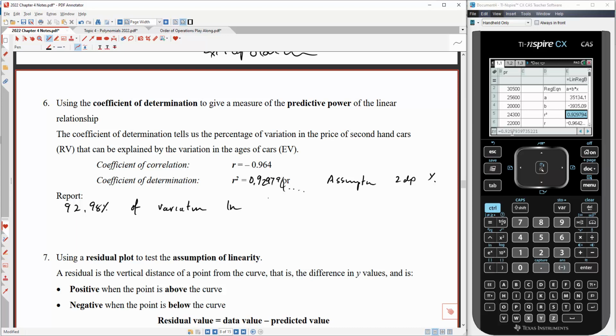in, now remember what we do is we put the RV in first. Okay, so what we're going to say is the variation in the sale price of cars can be explained by variation in age of car.